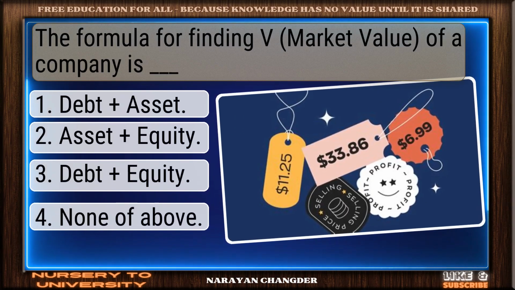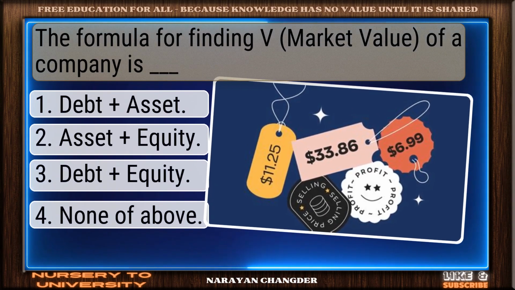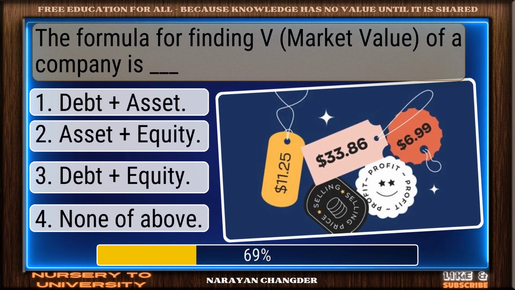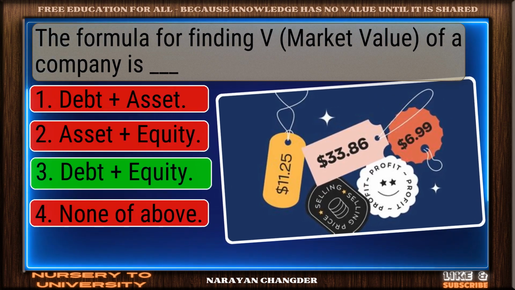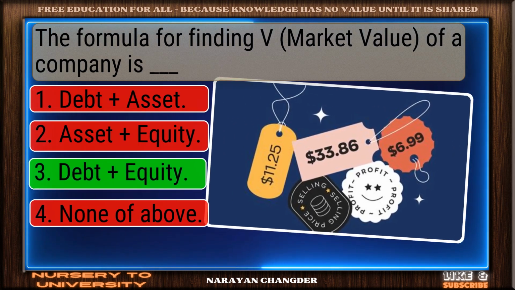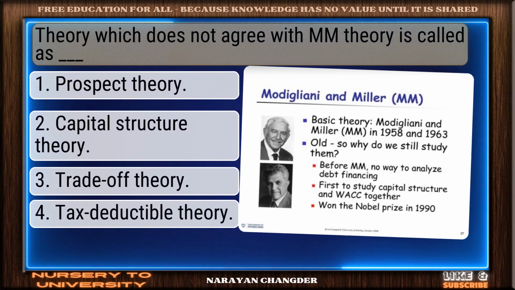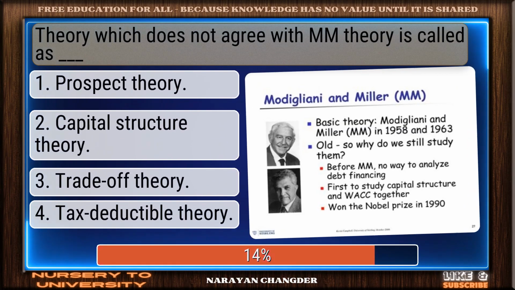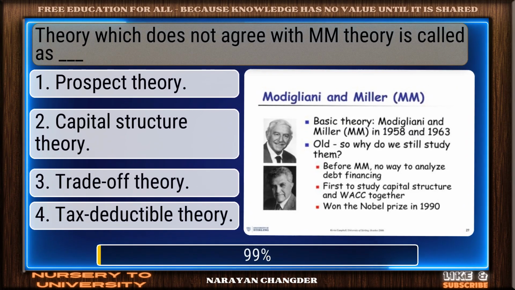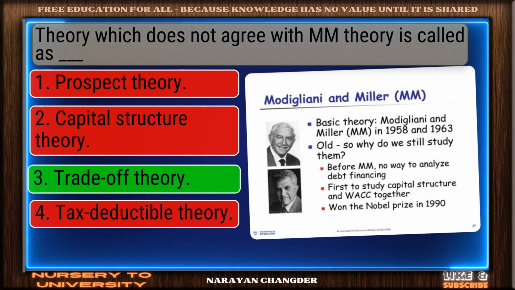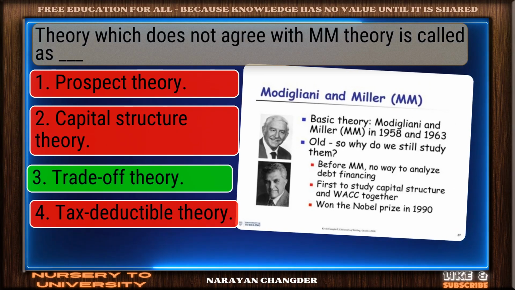The formula for finding V of a company is dash. Great thinking. Debt plus equity is the right choice. Theory which does not agree with theory is called dash. Right again. Trade-off theory is a valid answer.